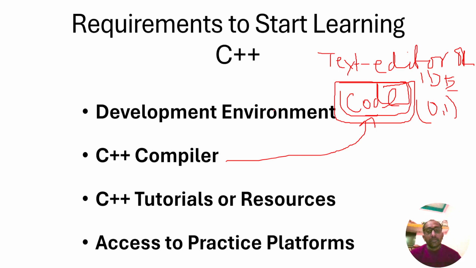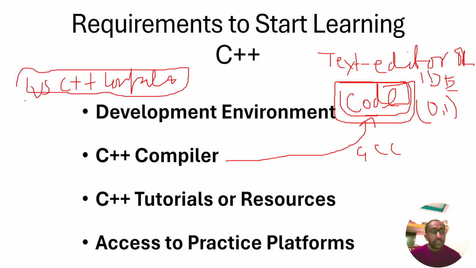We are already familiar with it. Examples are GCC, the GNU compiler collection, Clang, and the Microsoft C++ compiler with Visual Studio. When you download VS Code, the C++ compiler will be there. We have to install a C++ compiler on our system, and that compiler will convert the code we write in the IDE.